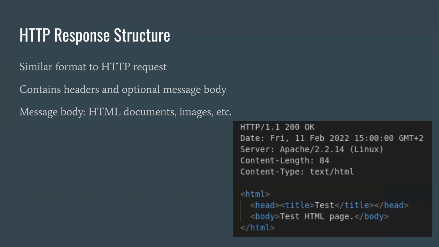HTTP response structure. HTTP responses from a server follow a format similar to requests. They begin with headers, and they are followed by an optional message body. And this optional message body contains the actual content being delivered. The most popular, or the most we've dealt with, would be HTML documents or images.